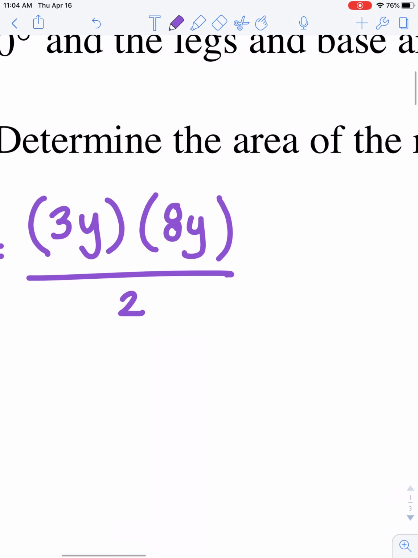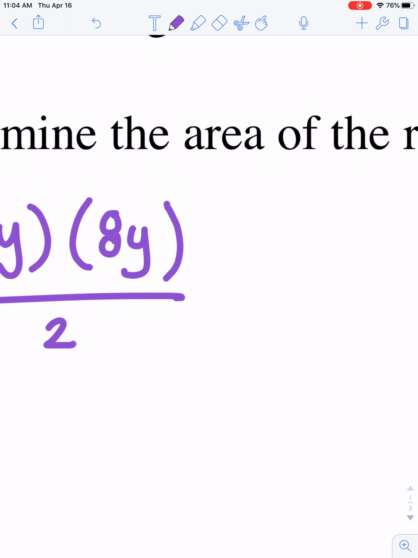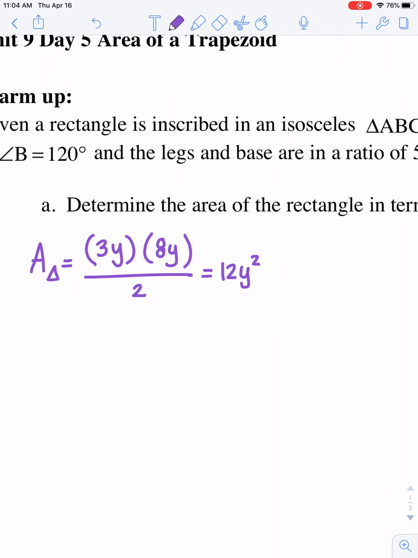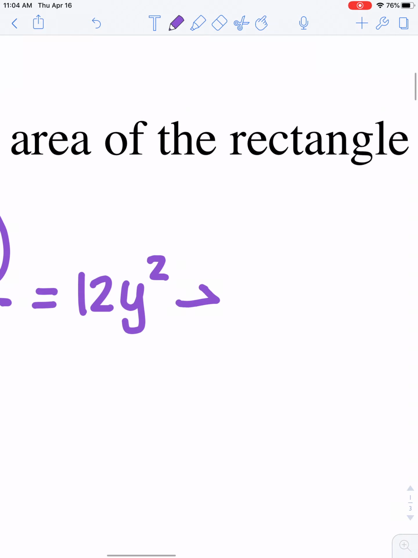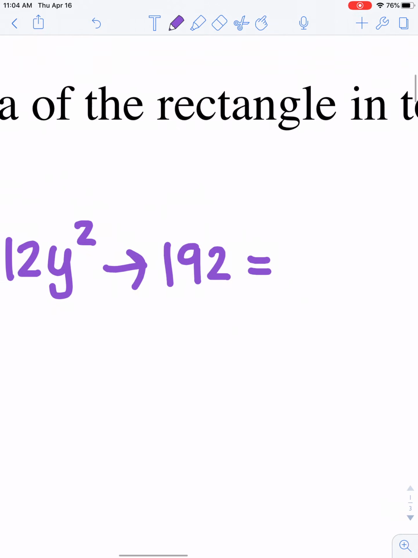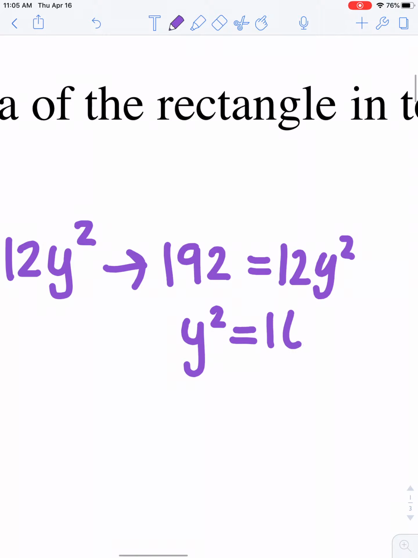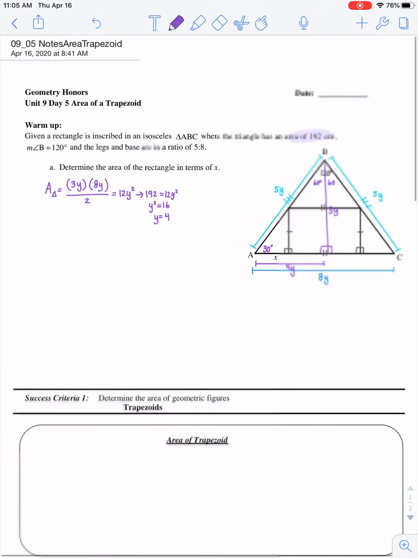Well, so 3y times 8y is 24y squared, divided by 2 equals 12y squared. We can set that equal to 192, and we then get that y squared equals 16. We square root both sides, and we get y equals 4.